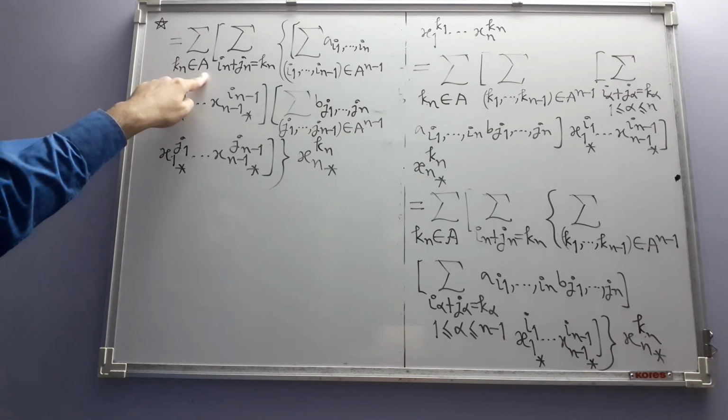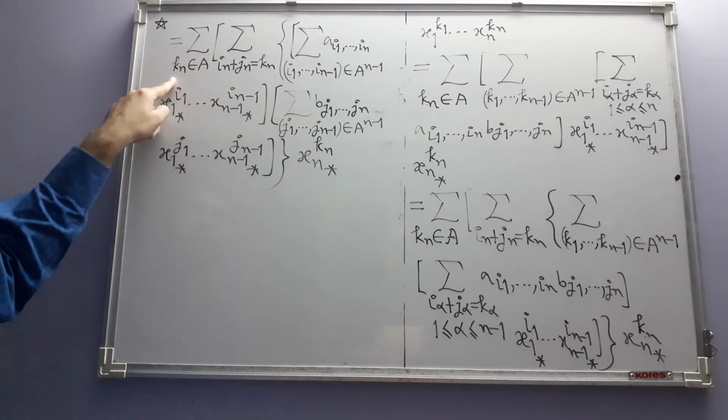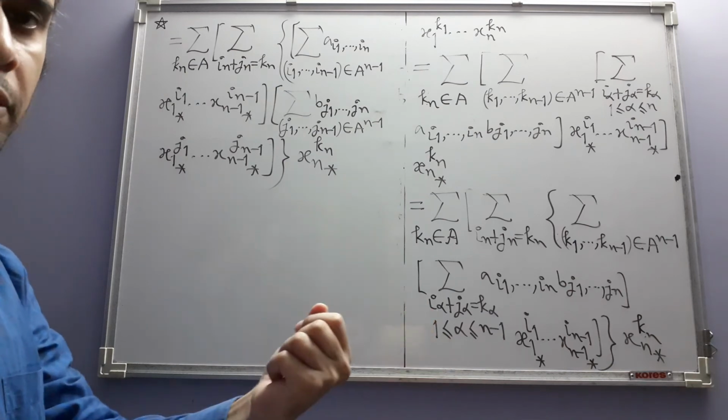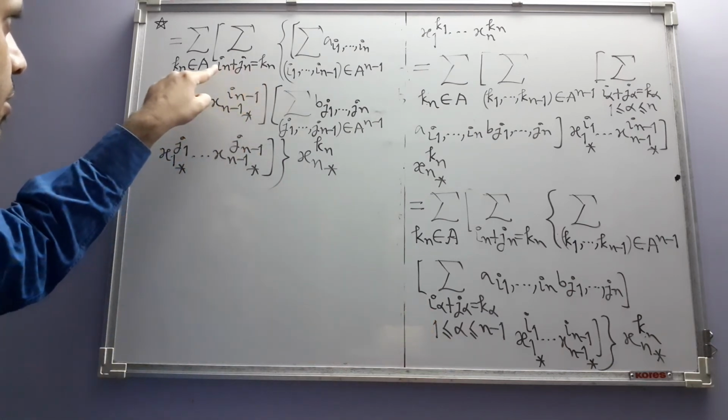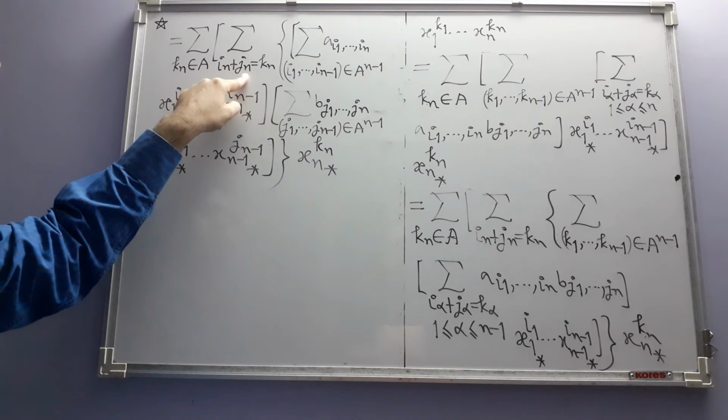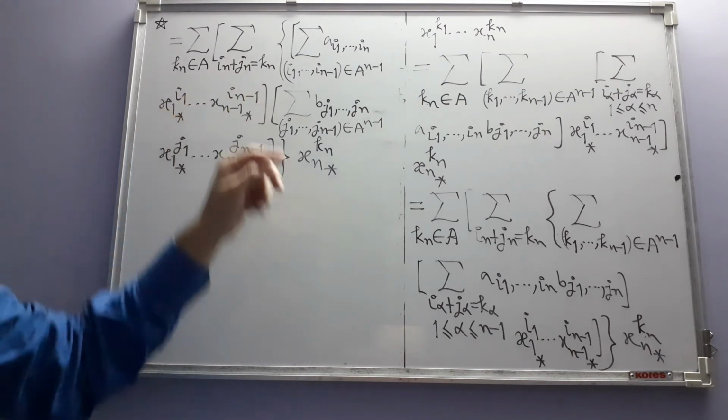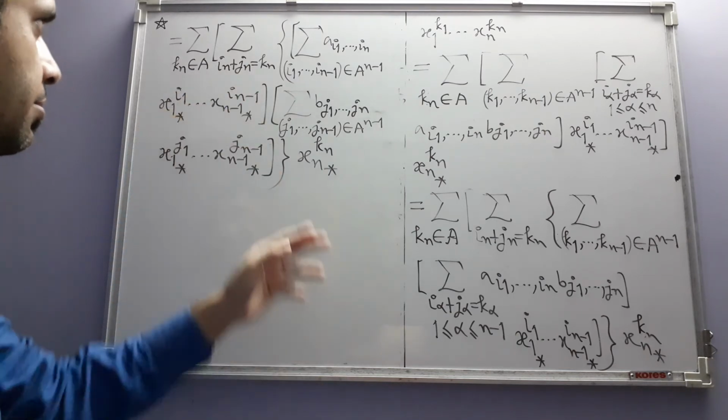k_n is varying over A, fine. For a given value of k_n, say k_n equal to 1 or k_n equal to 10, you then consider all non-negative integers i_n and j_n such that their sum is 10.